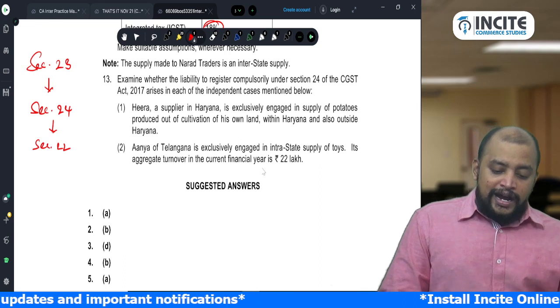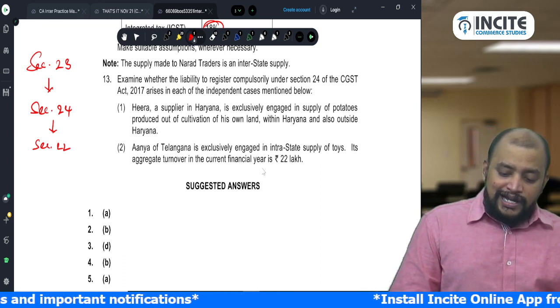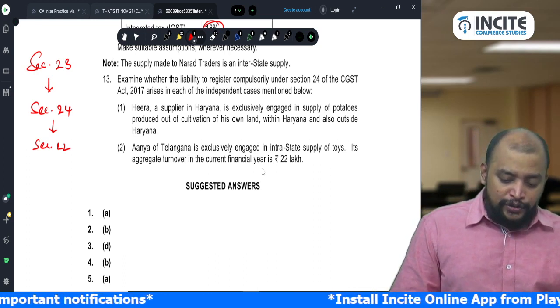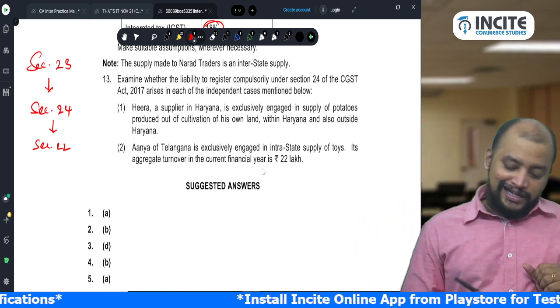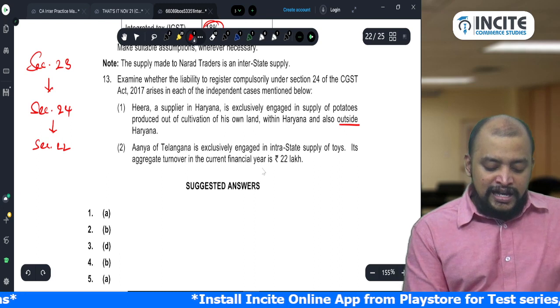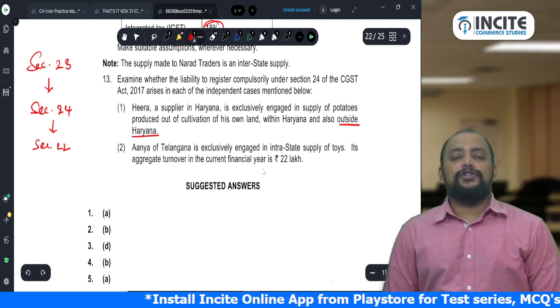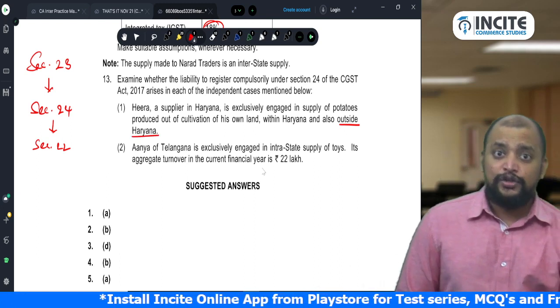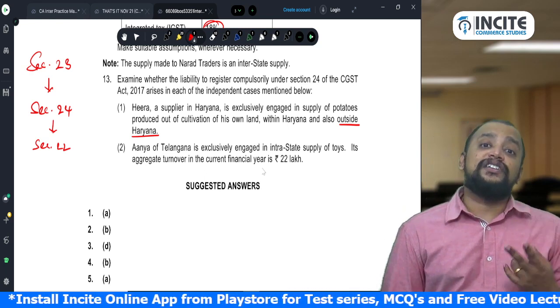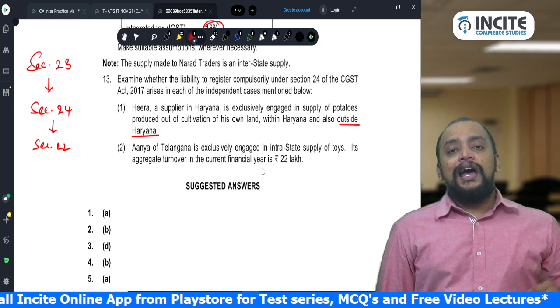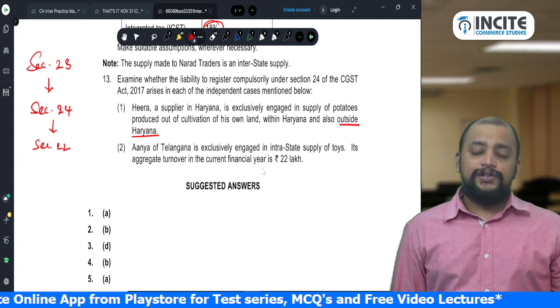They are exclusively engaged in supply of potatoes, but they are making interstate supplies outside Haryana. Generally, when you make interstate supplies, you are required to get registered. But even though a person is compulsorily required to get registered, section 23 overrides section 24 and they are exempted from registration.